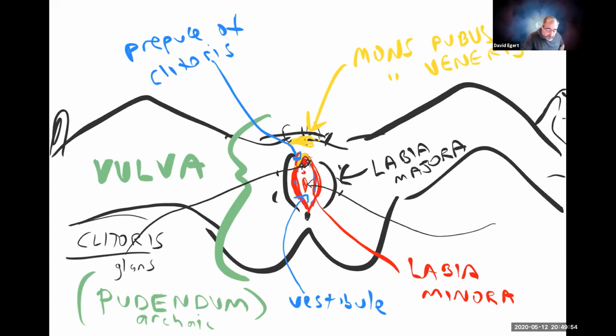The clitoris is just about sexual pleasure. It's got a bunch of nerve endings for sexual pleasure. We have the vaginal opening here, the urethral opening.